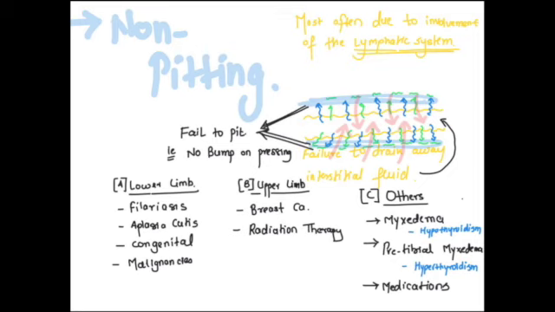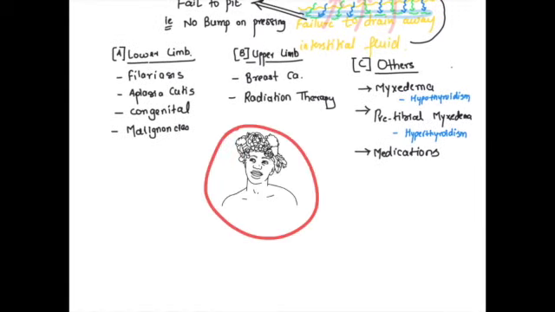In radiation therapy, and the other causes such as myxedema found in hypothyroidism and pretibial myxedema found in hyperthyroidism, where there is deposition of hyaluronic acid in the dermis and the subcutaneous tissue. Also, some medications such as nifedipine, corticosteroids and NSAIDs cause non-pitting edema.